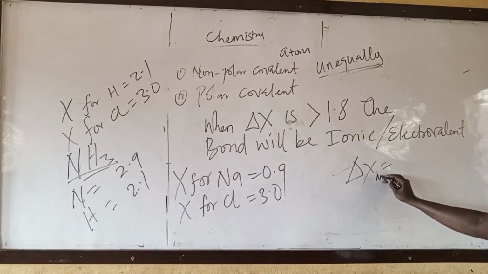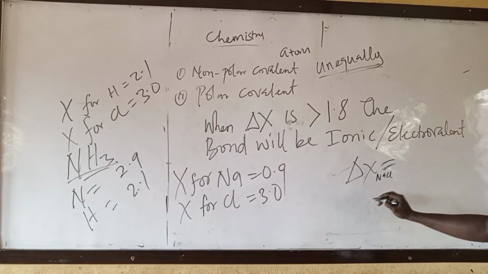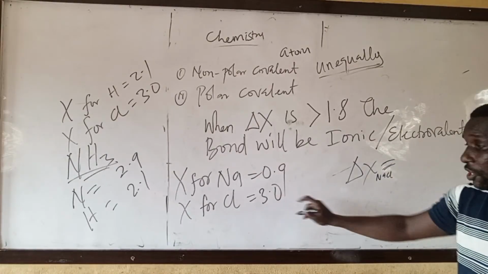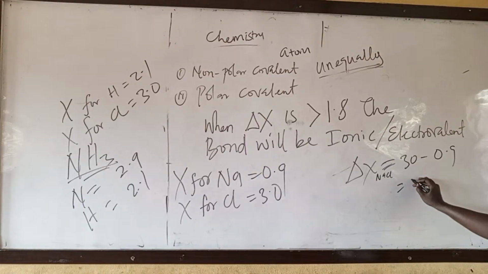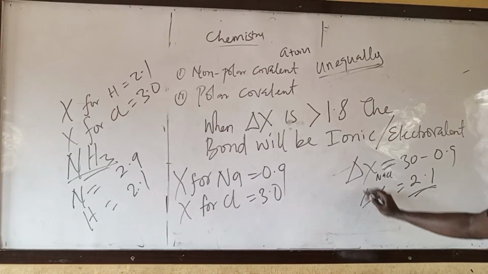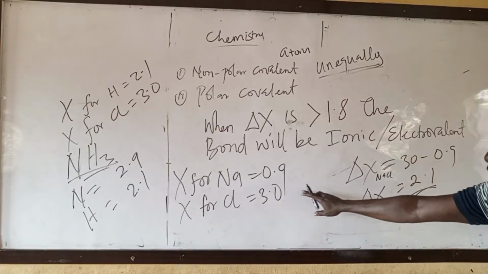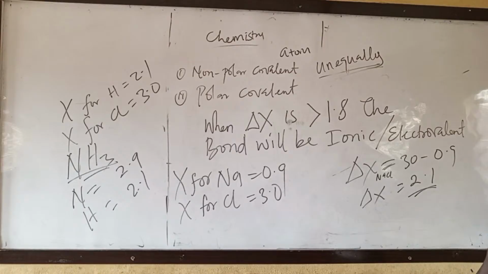For sodium chloride, the higher one is 3.0 minus 0.9. What do we have? 2.1. Can you see the electronegativity difference is greater than 1.8? Then sodium chloride is ionic.